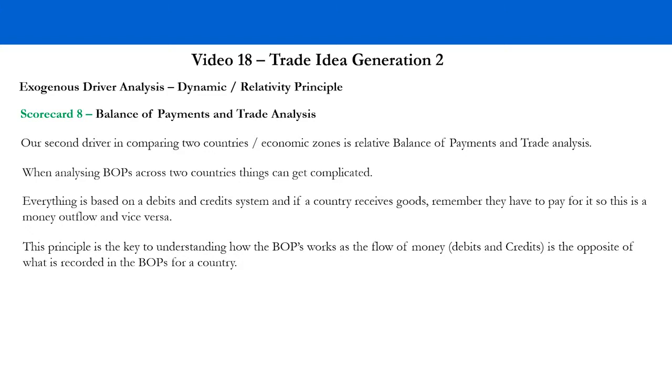The best place to start building this out is to understand how the debits and credits system works for a balance of payments. So let's look at the basics. Everything in balance of payments is based on a debits and credits system.